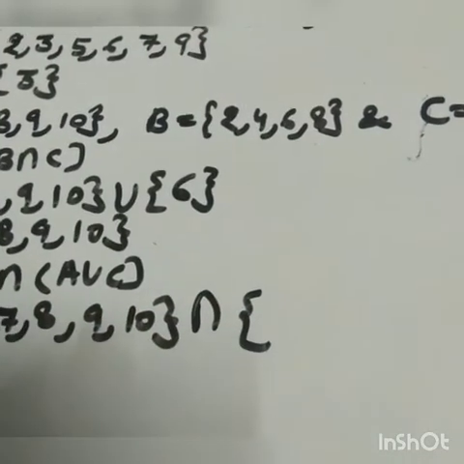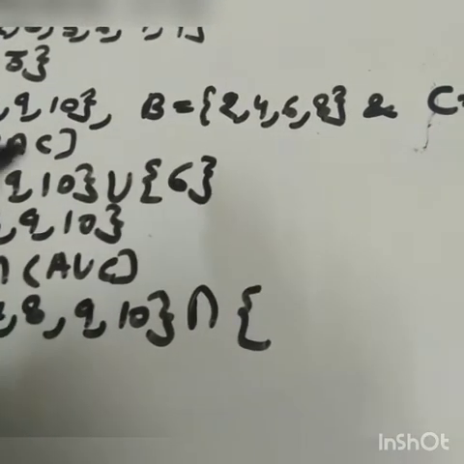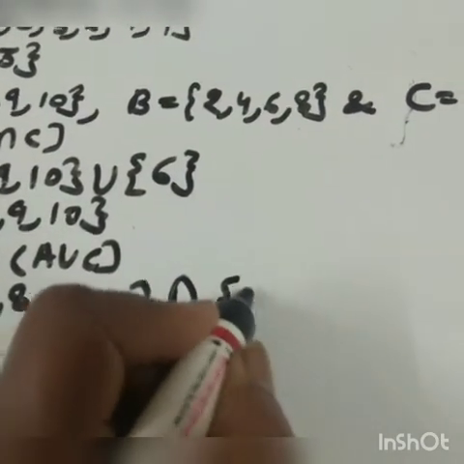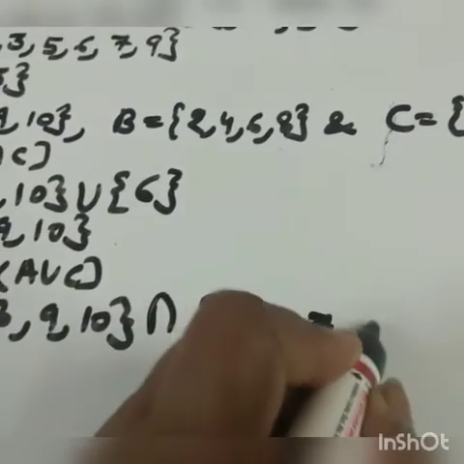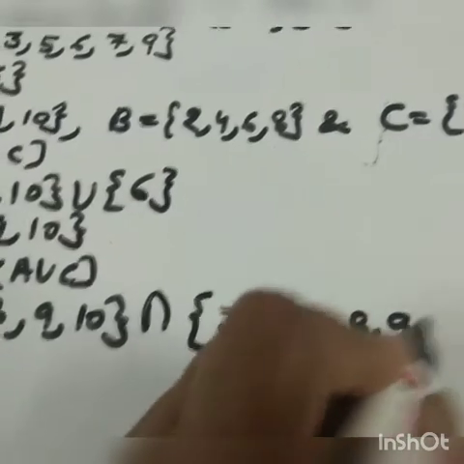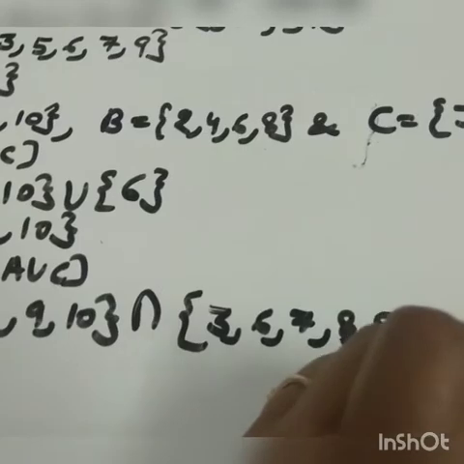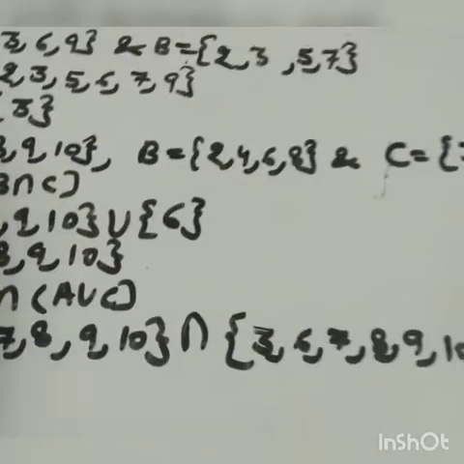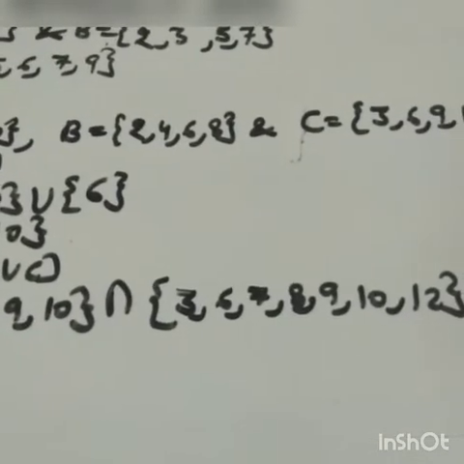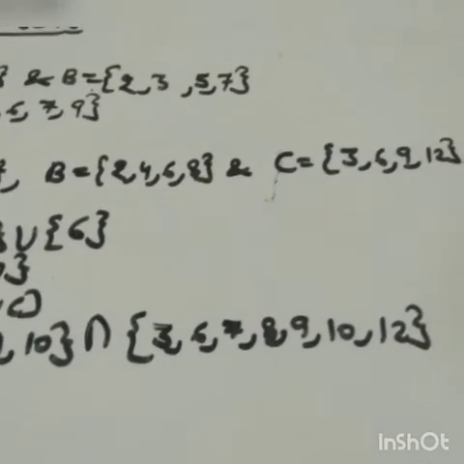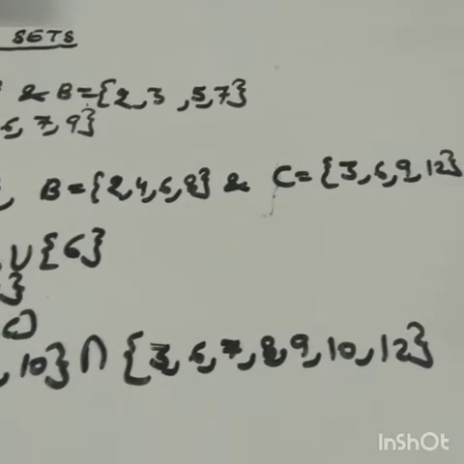A union C, all the elements of A and C: 3, 6, 7, 8, 9, 10, 12. Is it okay? A union C is 3, 6, 7, 8, 9, 10, 12.